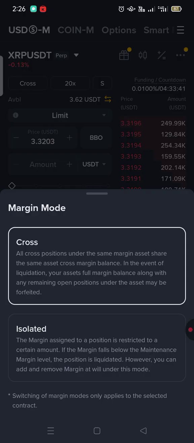Again, we have isolated: the margin assigned to a position is restricted to a certain amount. If the margin falls below the maintenance margin level, the position is liquidated. However, you can add and remove margin at will under this mode.